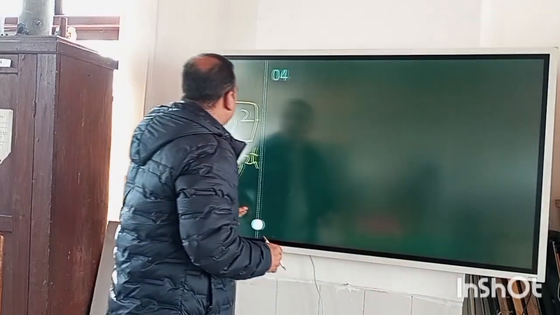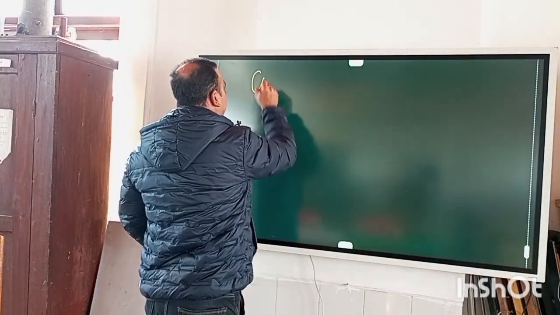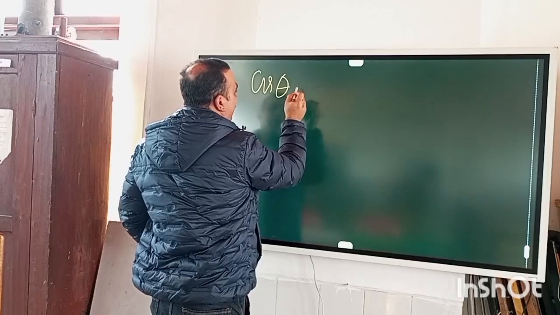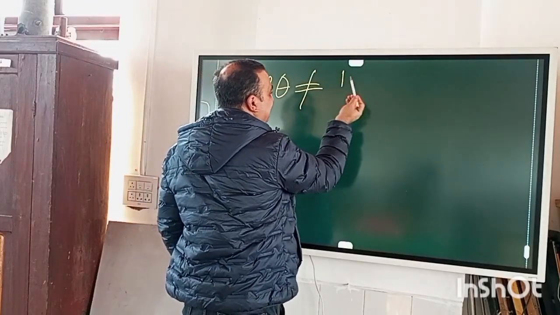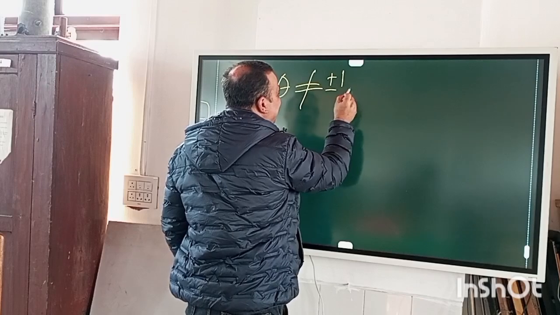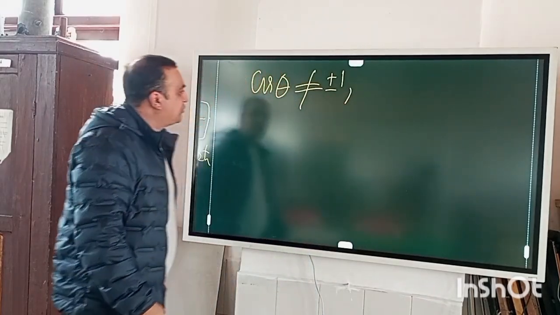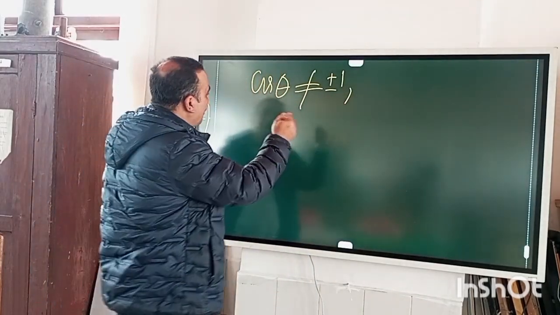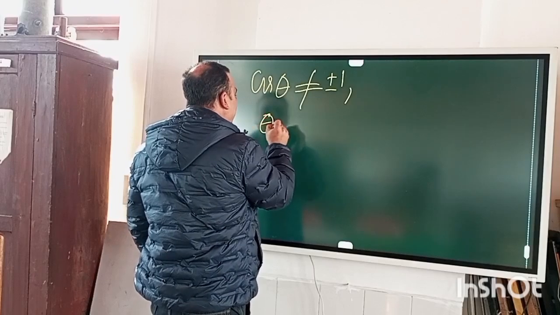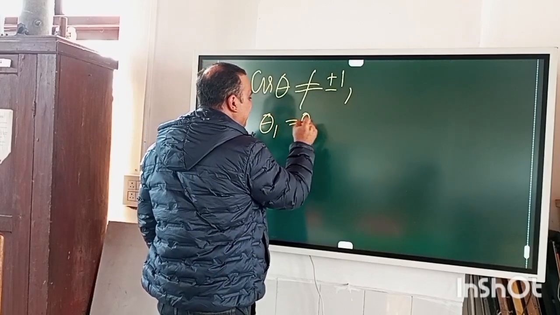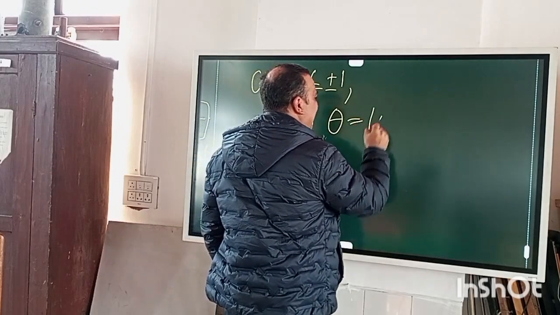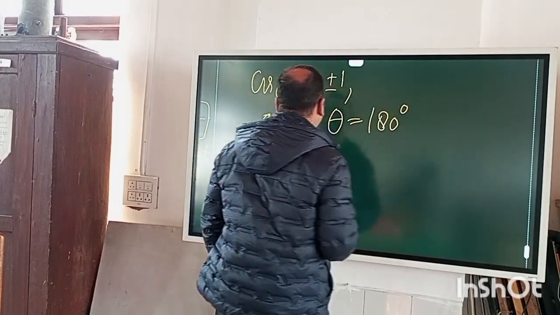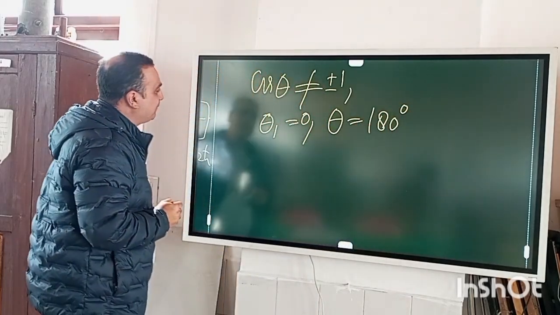This leads us to the fact that the value of cosine theta will not be equal to 1. It will not be equal to minus 1. When cos theta is equal to 1, theta equals 0 gives us 1, and theta equals 180 degrees gives us minus 1.